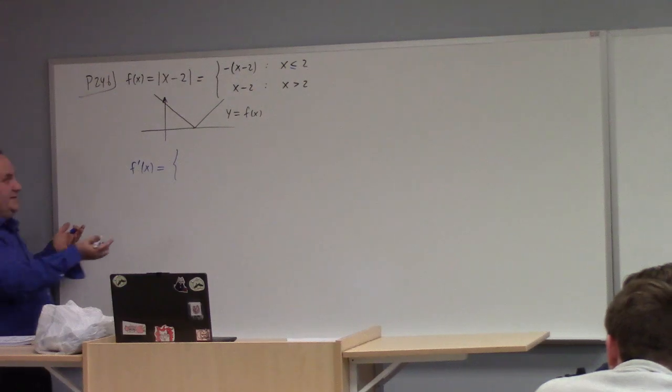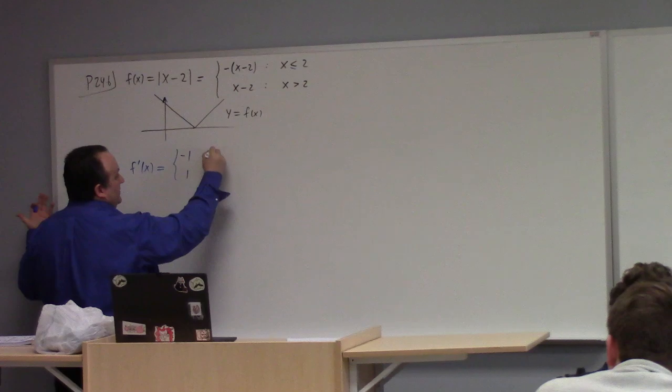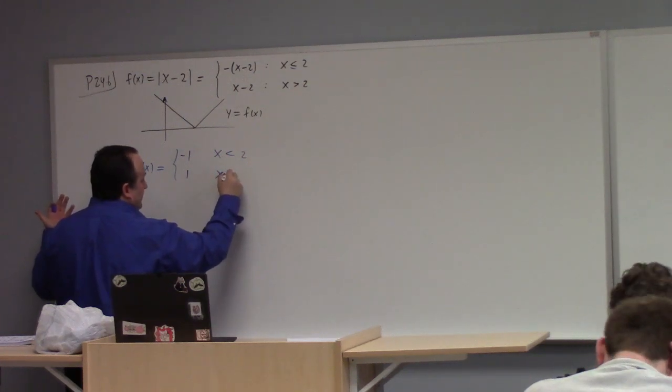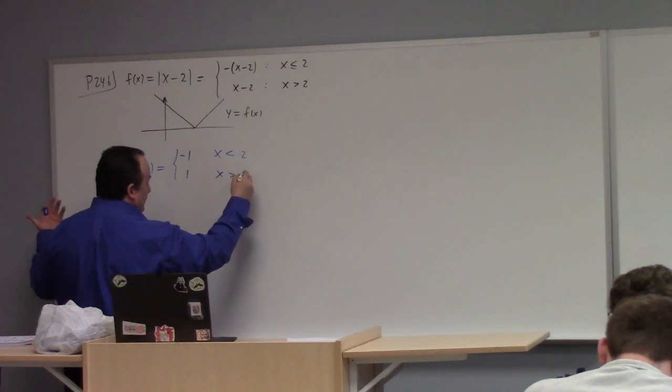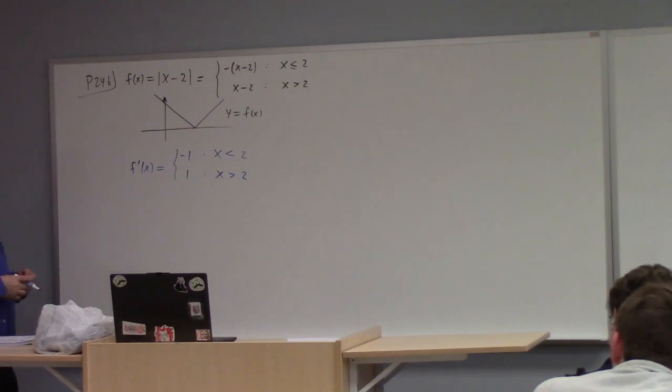They're not equal, so it doesn't exist at 2. So you've got minus 1 over here and 1 over here. In other words, the domain of the derivative excludes 2, whereas the domain of the function includes it. So for this function, the only values that you're allowed for the derivative are minus 1 and 1.